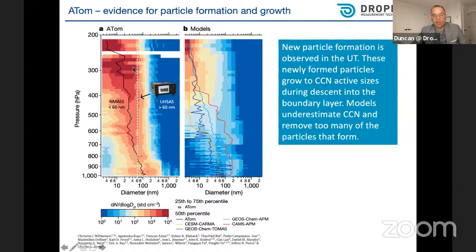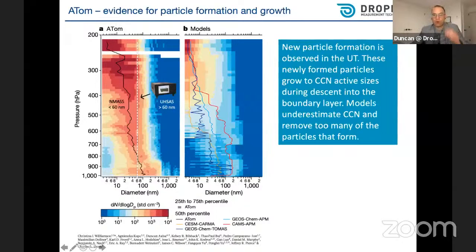So this is a campaign average that you see here. And this was also explained by the models. So panel B is the modeling, panel A is the observation. So the modeling can explain this particle formation process in the upper troposphere. So that means that we have started to understand the physics around this.